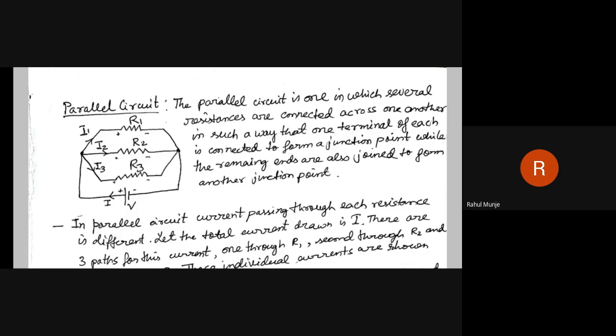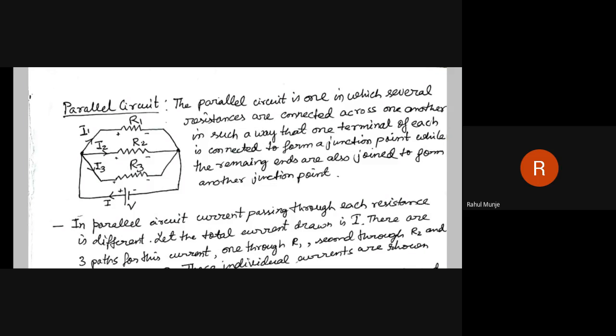The resistances are connected across each other. For example, take the starting and ending of resistance R1. The starting and ending of R1 is the same as the starting and ending of R2 and of R3. That is called a parallel connection.